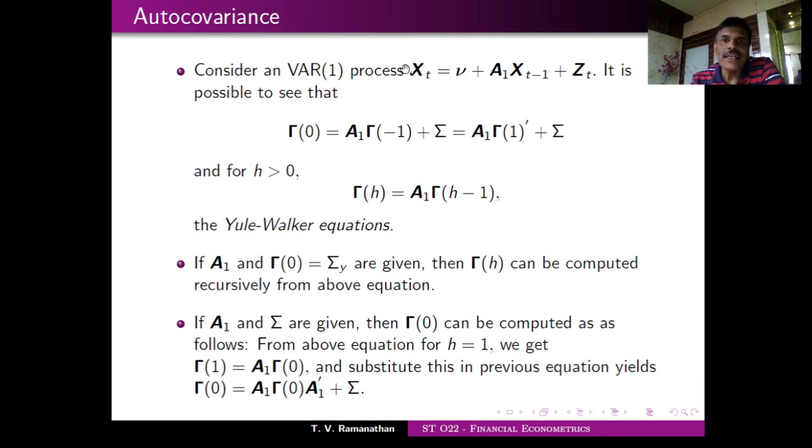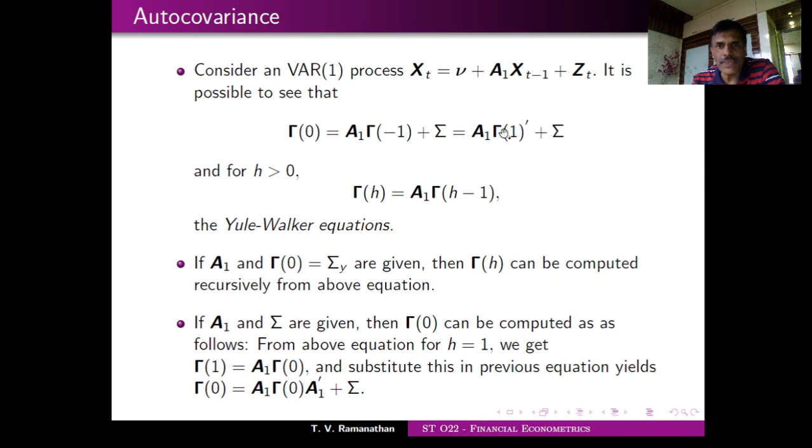Now, you take the covariance, you multiply by xt and then xt prime, and take the expectations. You can see that gamma 0 is equal to, of course you want to subtract mu from both the places, you can do that from all the terms. So effectively gamma 0 is A1 gamma minus 1, and gamma minus 1 is gamma 1 prime.